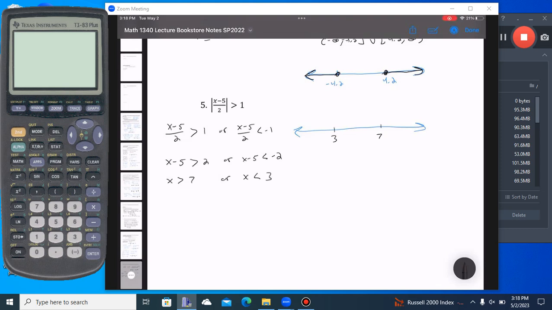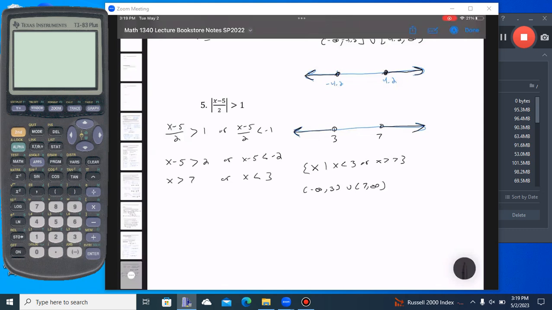Graphing it, open circles at 3 and 7, anything to the left of 3, anything to the right of 7. Set notation x such that x is less than 3 or x is greater than 7. Interval notation, negative infinity to 3, union with 7 to infinity.